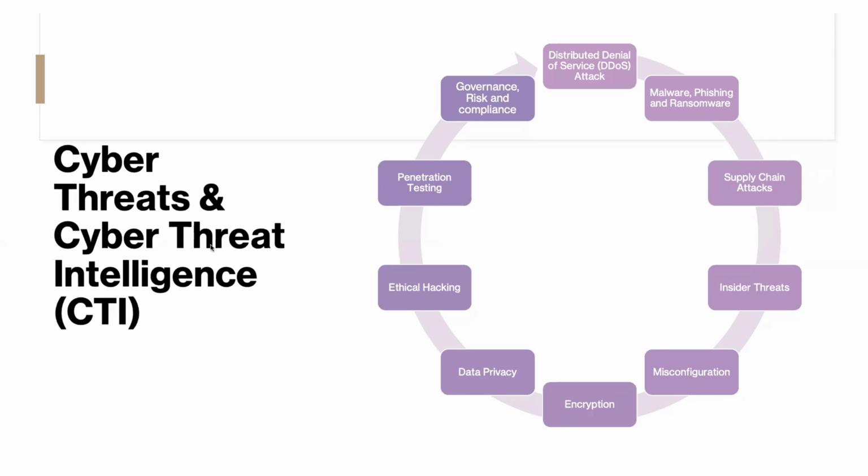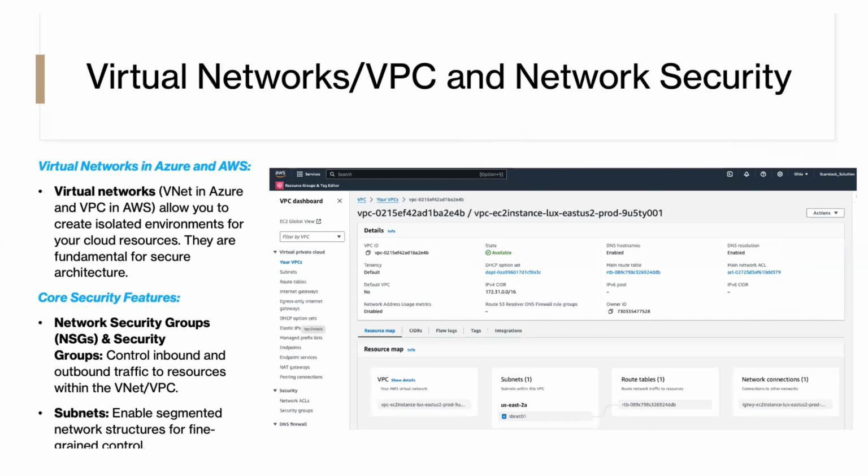And then we have the cyber threat intelligence tools that we can use to prevent all of these problems from happening: ethical hacking, data privacy, intrusion detection, and encryption, ensuring that our data is encrypted by using encrypting tools to lessen threats within our cloud or cyber environments.